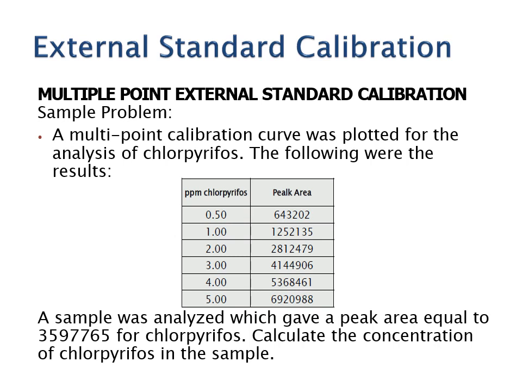So, okay, let's answer this problem. A multiple point calibration curve was plotted for the analysis of chlorpyrifos, and the following were the results. A sample was analyzed which gave a peak area equal to this one. Calculate the concentration of chlorpyrifos in the sample.